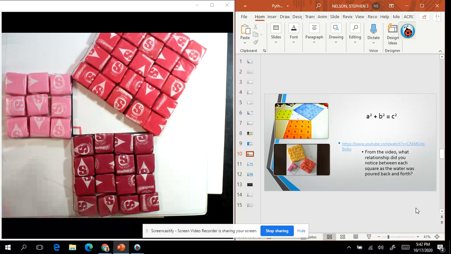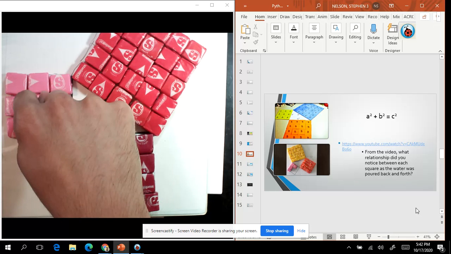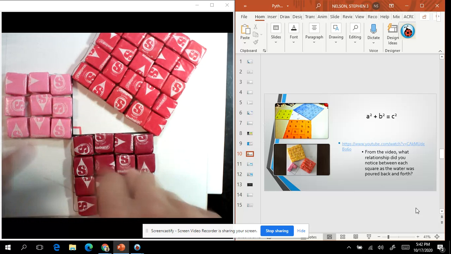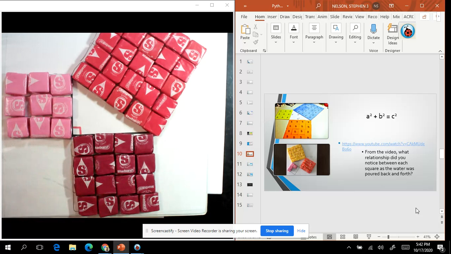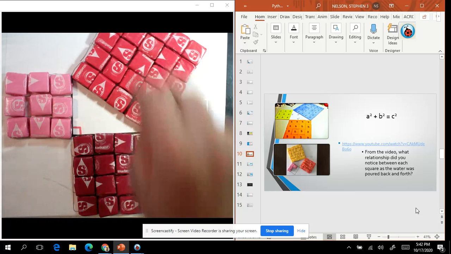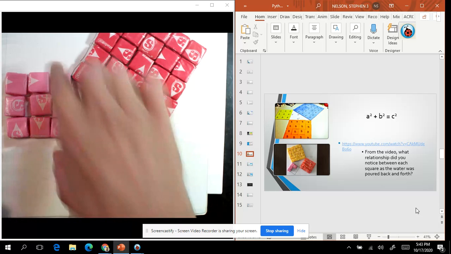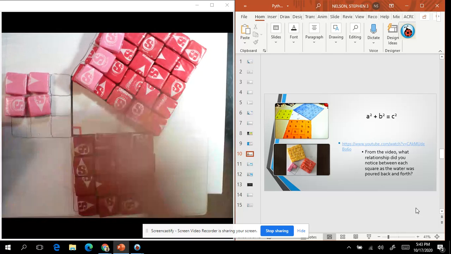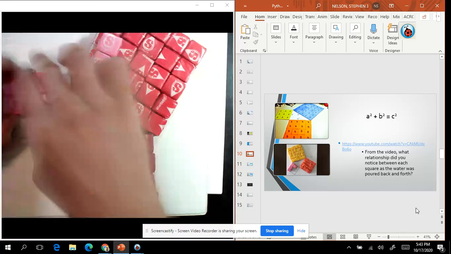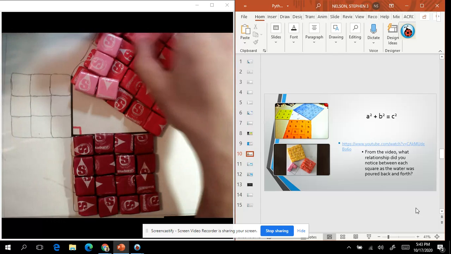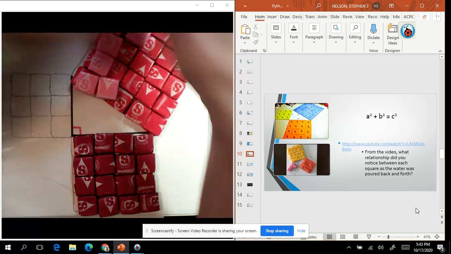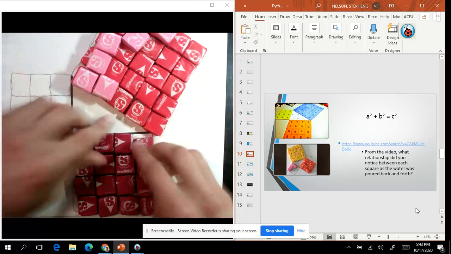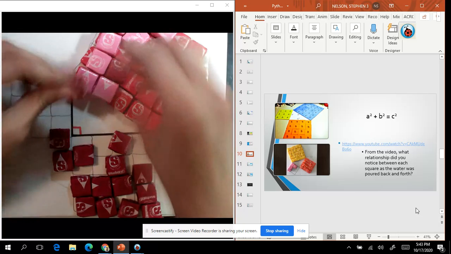So that means the square of this leg, A, and the square of this leg, B. Remember, it doesn't matter which one you call A or B. The only one that does matter is C, because it's on the other side of the equation. So if we take these Starbursts and place them on top of the C, and we're going to take the B also.